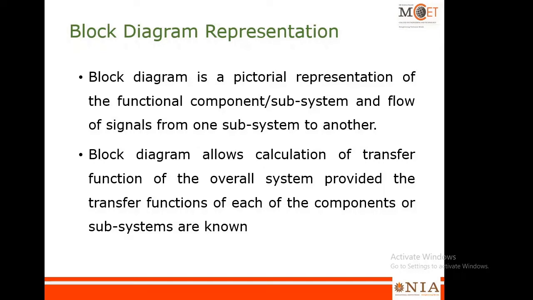So all this information will be available in the block diagram. Using block diagram, we can find the transfer function of the entire system, provided we follow certain rules. So in the next few slides, we will see what are all the rules that we have to follow while reducing the block diagram so as to find the transfer function of the system.